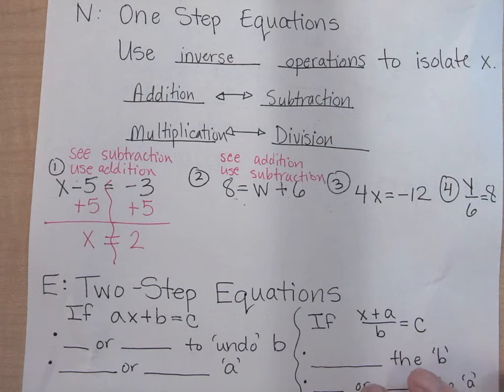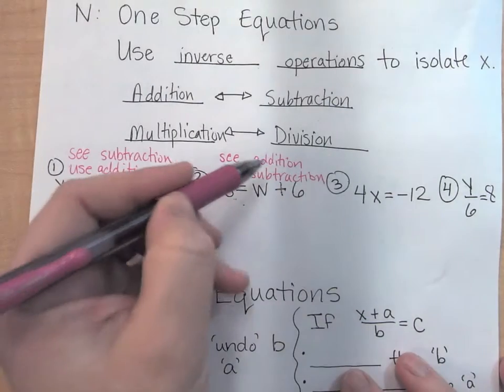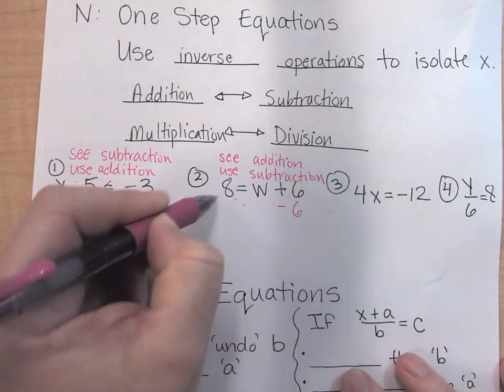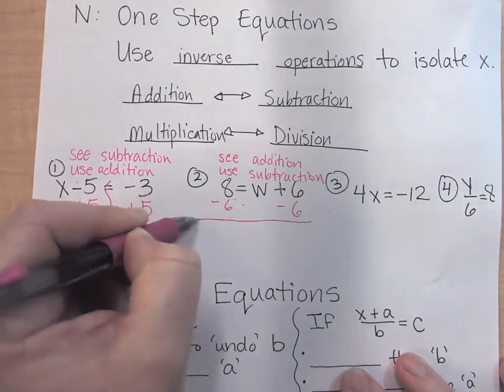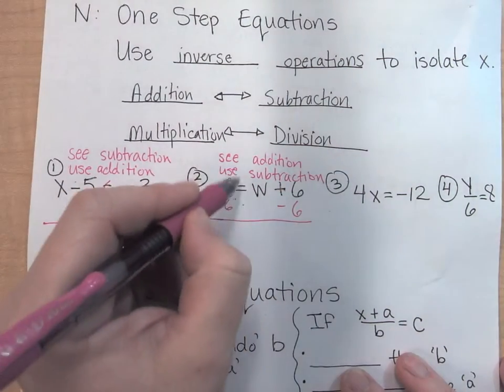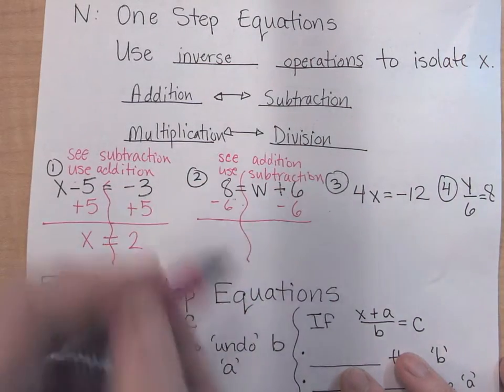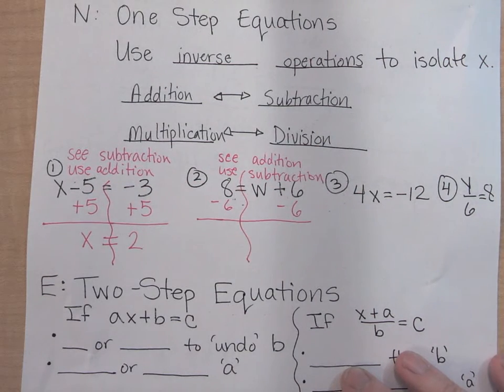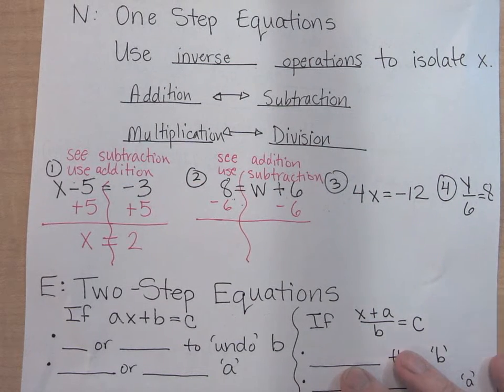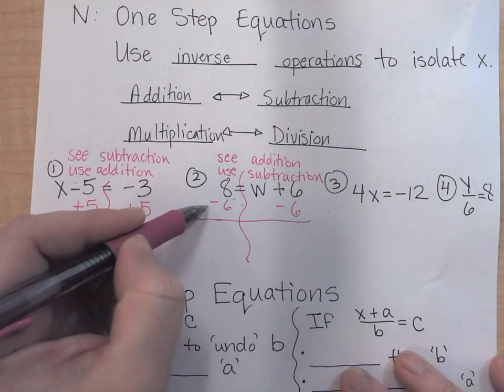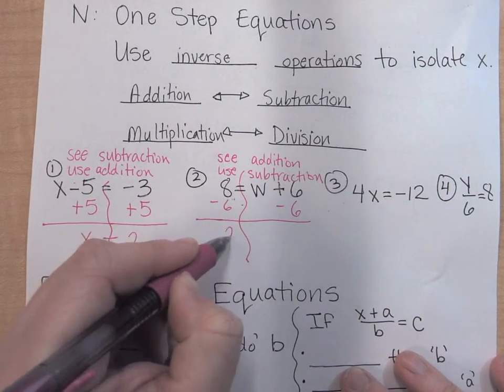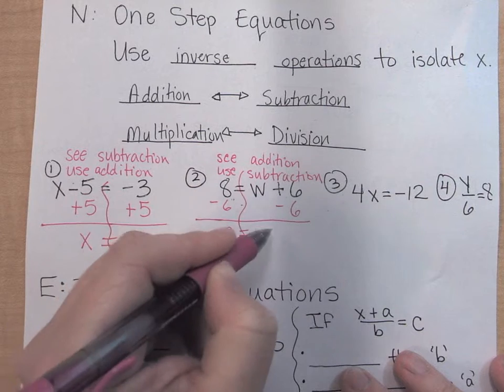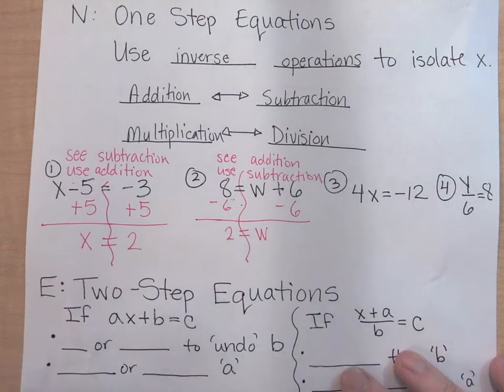So we're still going to use subtraction on both sides. Again, if you want to make sure you've done the same on both sides, you can add that river in there if you like. On the left side, we have 8 minus 6, which is 2, equals, and then on the right side, we're left with just w.